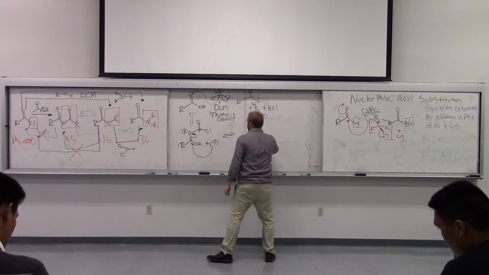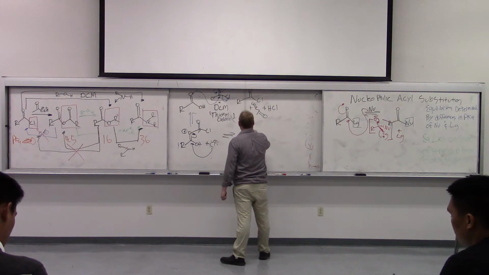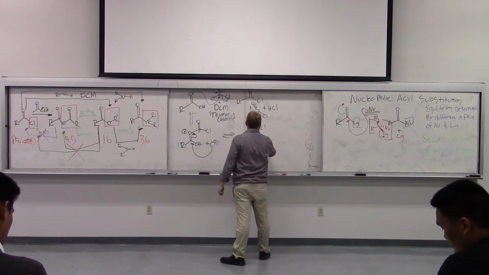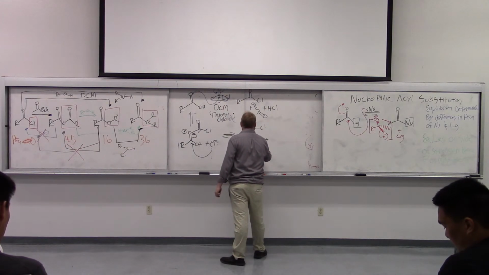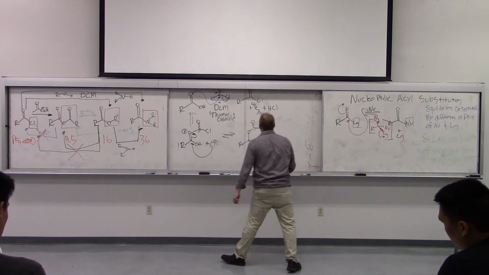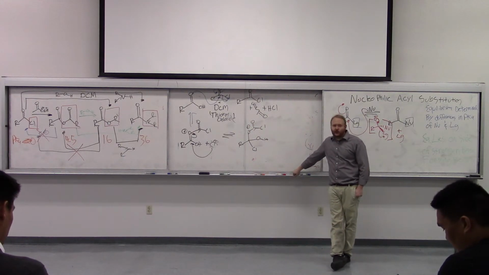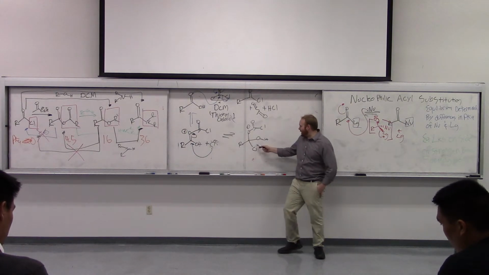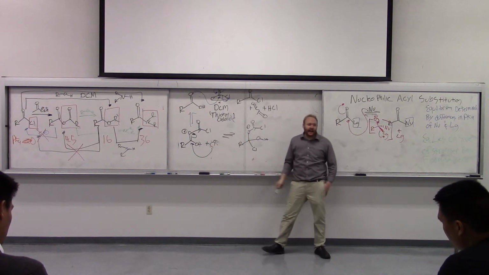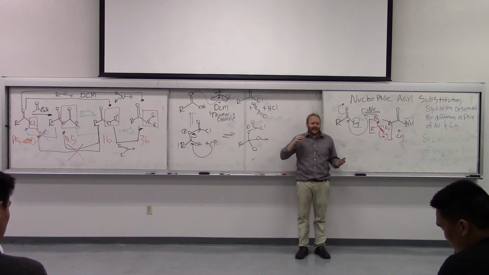And of course we'll have some kind of equilibrium species. So we will get a tetrahedral intermediate that looks like this. And frankly, you would almost expect the equilibrium to favor kicking off Cl minus, because Cl minus is a good leaving group. It's a very weak base.